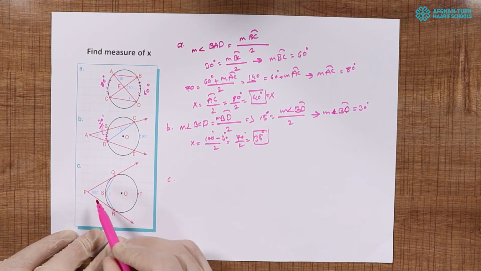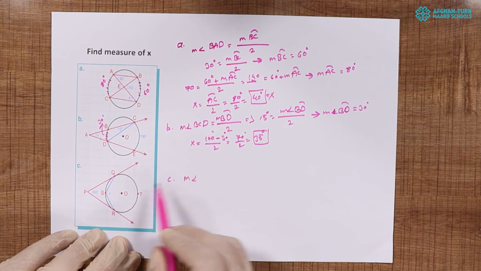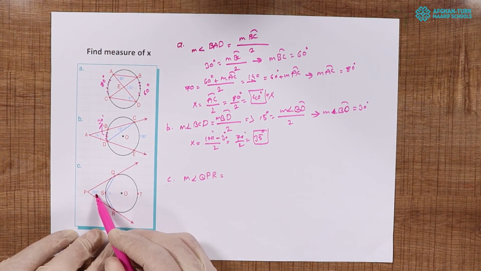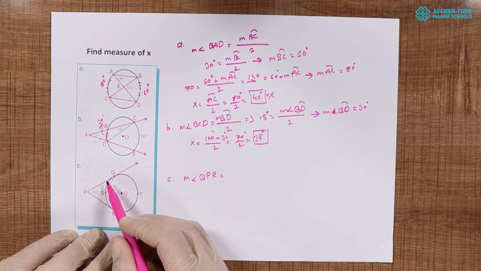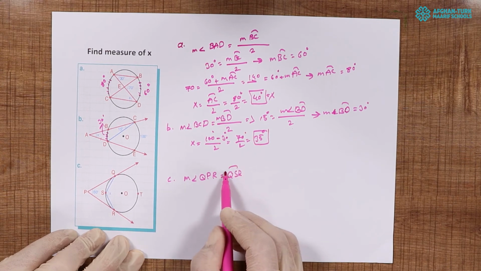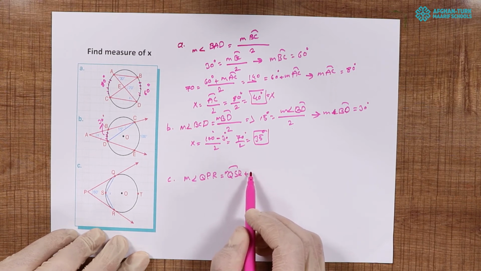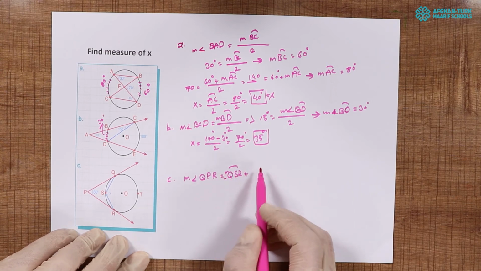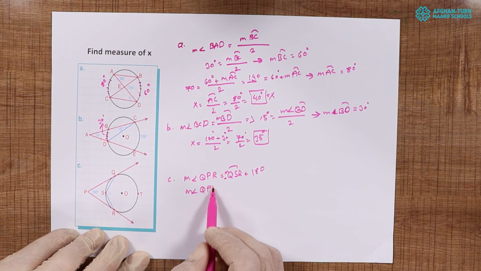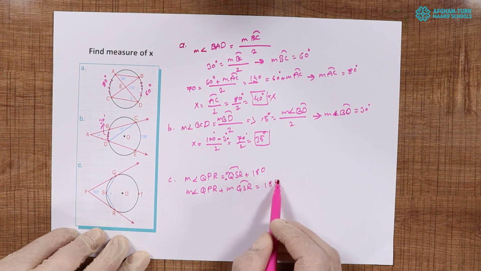The third question. We had a formula that this angle, measure of QPR, plus measure of arc QSR is equal to 180.